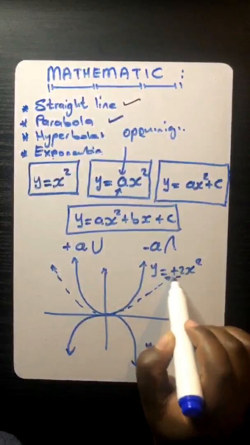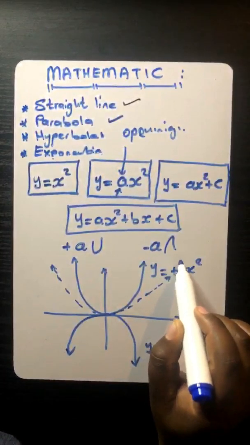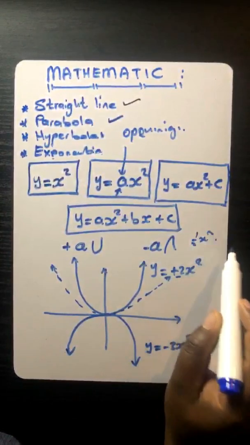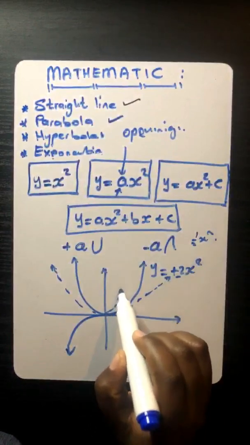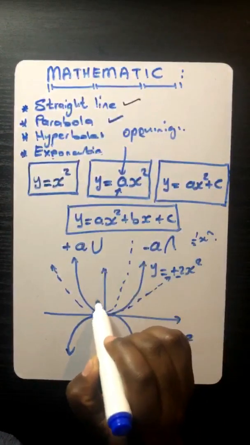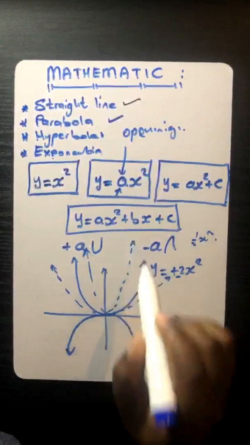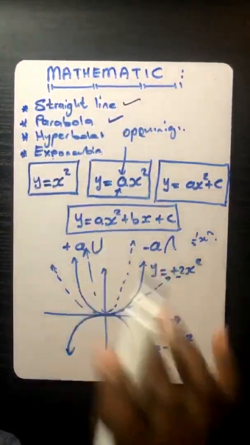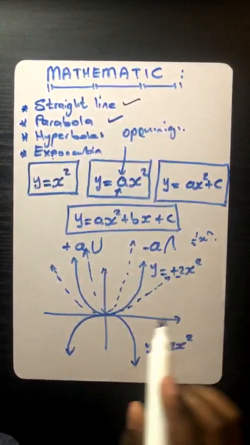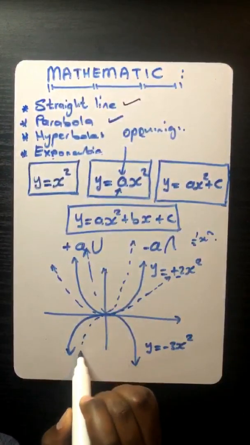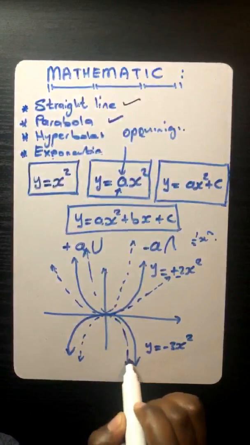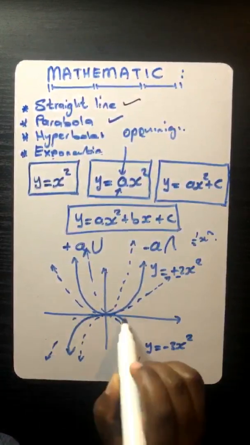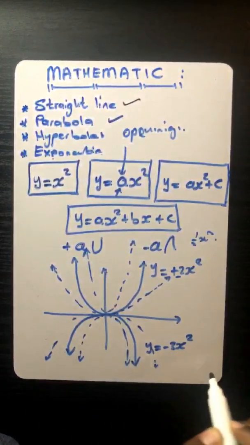Or if it's smaller, like 0.5 or 1 over 2x squared, whatever, you might find that it gets narrower like that. So you can draw different types of functions on the same set of axes and compare. Same thing there, but obviously with negative values. You can see it forms a very nice flower there.